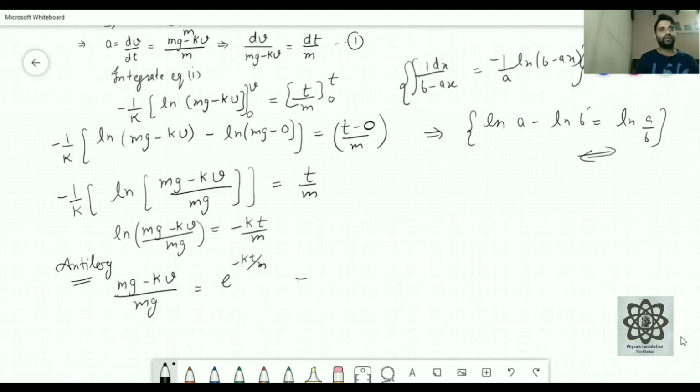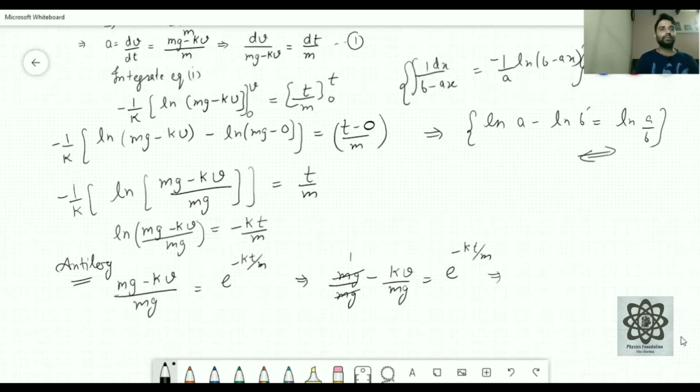So we can solve it as 1 minus, we have segregated it. I will just do it properly so that you will not have any confusion. So mg minus kv by mg is equal to e to the power minus kt by m. So mg is cut by this mg, and 1 will come out, right?